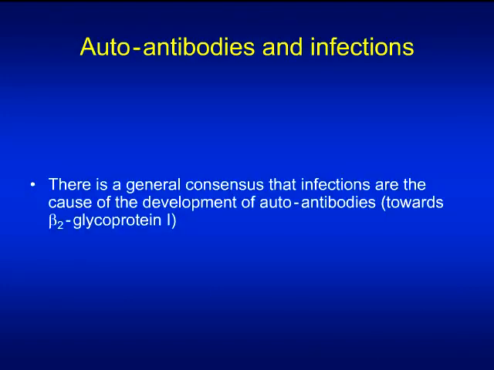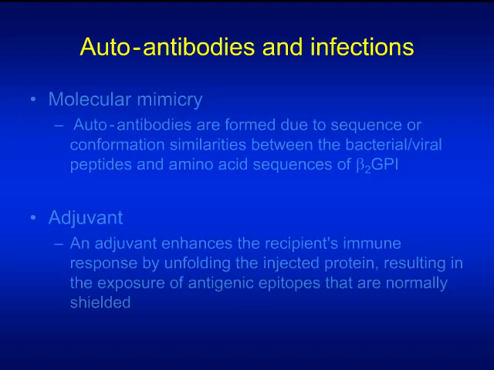There is a general consensus that autoantibodies in general are the consequence of an infectious disease, and infections cause the development of these autoantibodies. This is for every autoimmune disease, and also for the antiphospholipid syndrome, and also for beta 2-glycoprotein 1. And there are two major theories for how infections can induce autoantibodies.